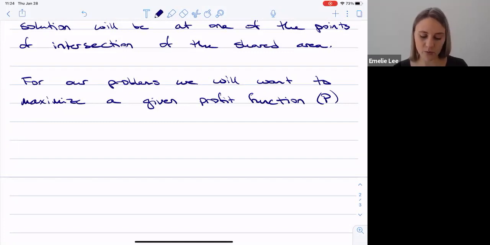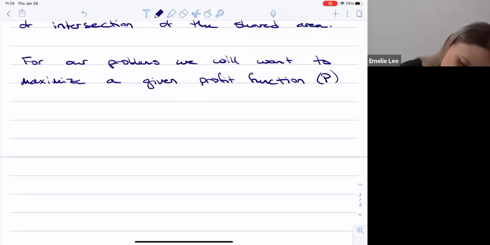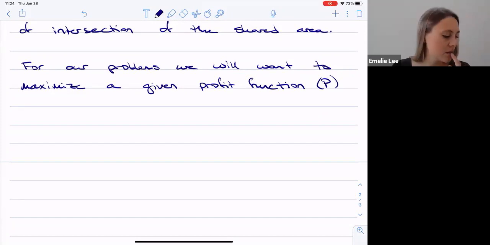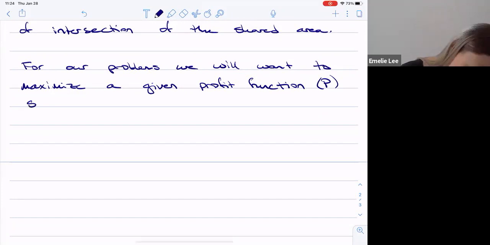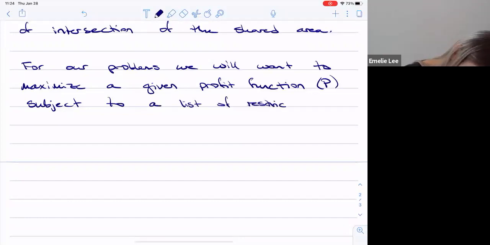So we want to maximize a given profit function, which we'll denote by P, subject to a list of restrictions.